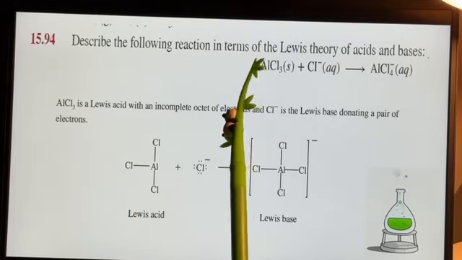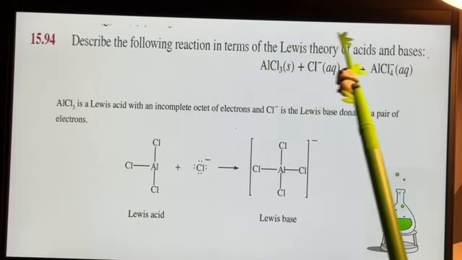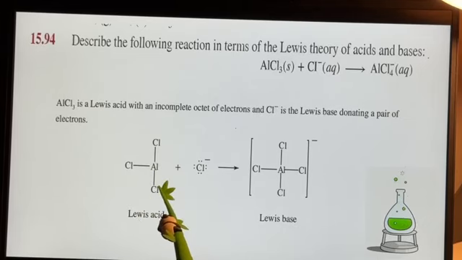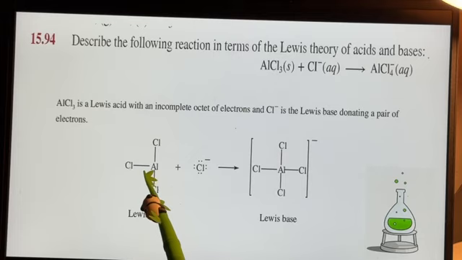Describe the following reaction in terms of Lewis theory of acids and bases. AlCl3, the aluminium is from group 3 in the periodic table. Aluminium is having only 3 valence electrons, which are used to form 3 bonds with the 3 chlorine.